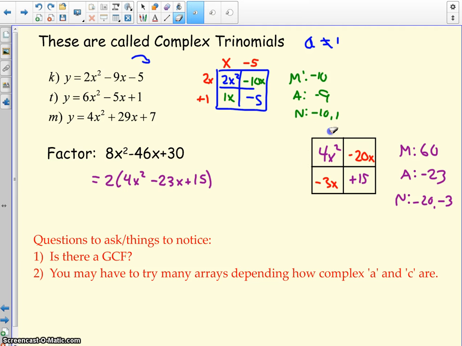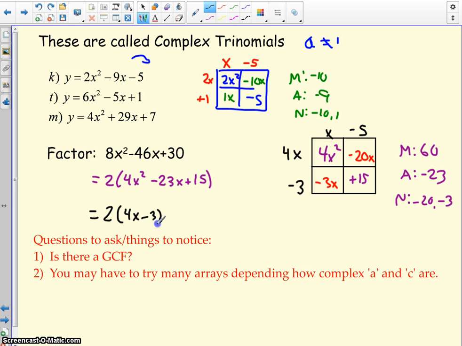So the only combination you can try for 4x squared is going to be 4x and x. And even the way I've oriented them now does not work because 4 does not go into negative 3. So I have to have the 4x be over here and just the 1x there. So now I can see if it works. x times negative 3 gives me negative 3x. 4x times minus 5 gives me minus 20x. So I wind up with 2, 4x minus 3, and x minus 5.